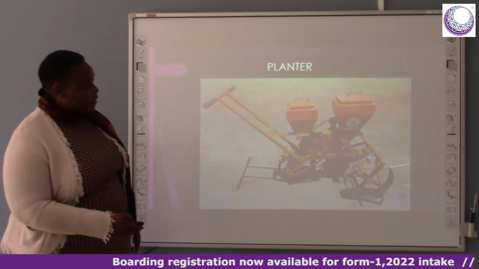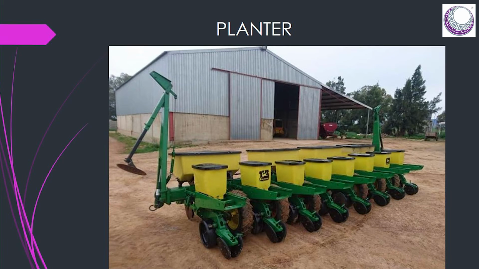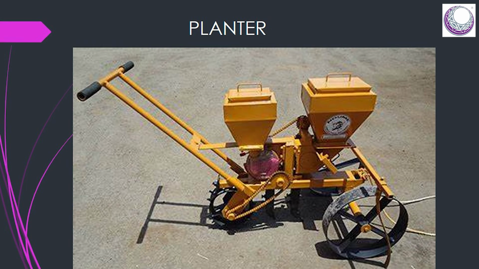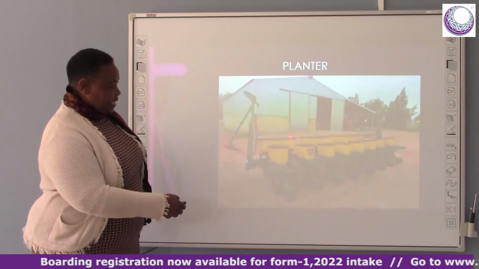Last but not least, we move on to the planter. We have got two types of planters. How do you identify a planter? You can easily see that planters have containers. As you can see, this one has got two containers, and this one has got many containers.